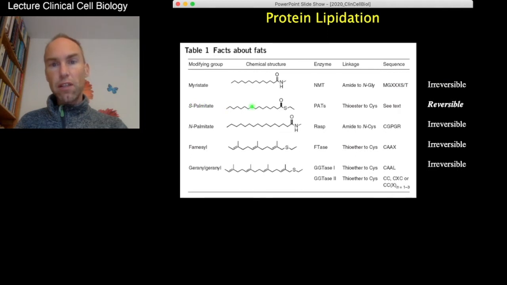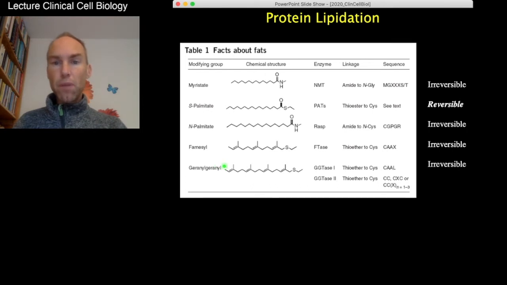Then we have S-palmitate. It's a slightly different fatty acid that's attached to the protein. It's attached to cysteines, and this modification is reversible. So it can be attached to a cysteine, but it can also be taken off. And then two more that are relevant for this story, farnesyl and geranyl. These are generally also indicated with prenylation.